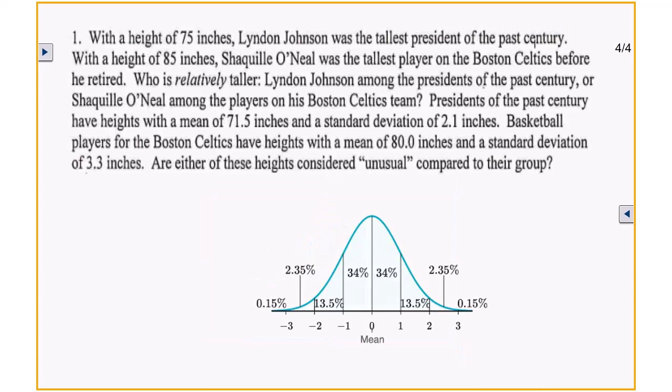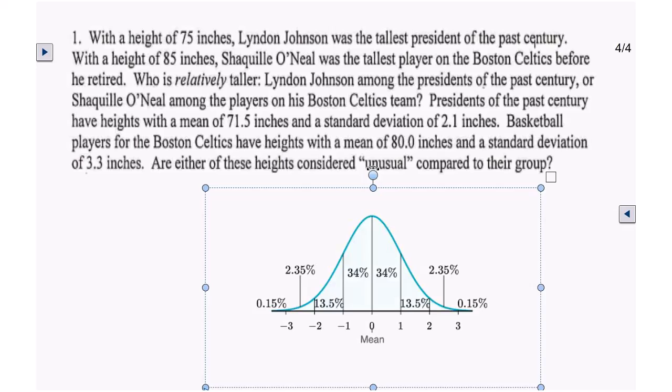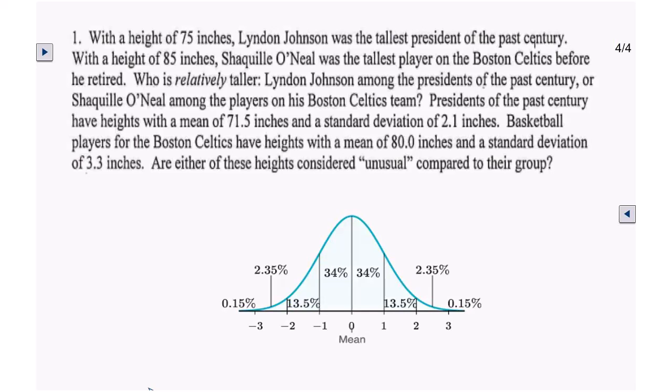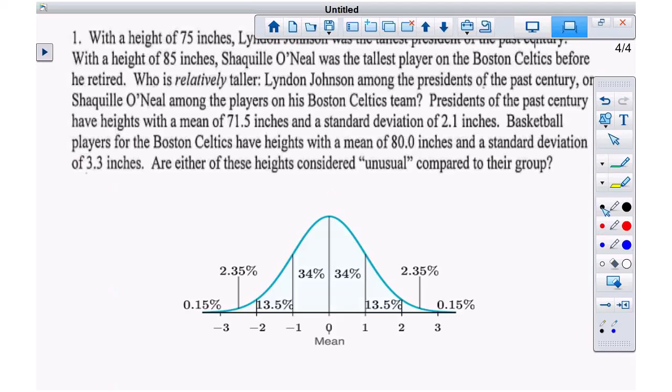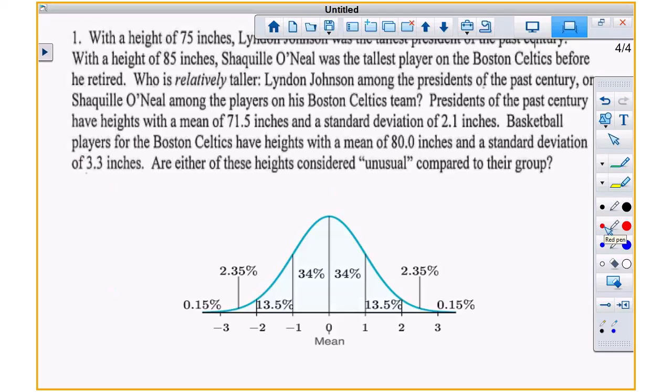So I'm going to make it a little bit bigger so we can put the numbers on it. And since we're changing everything to Z-score, I'm going to do Shaq in blue. Well, no, LBJ was a Democrat, so I'm going to do him in blue.